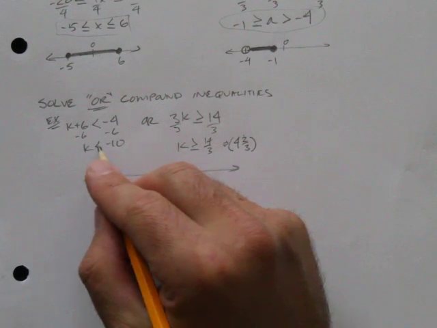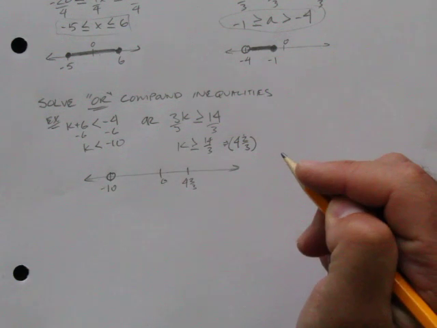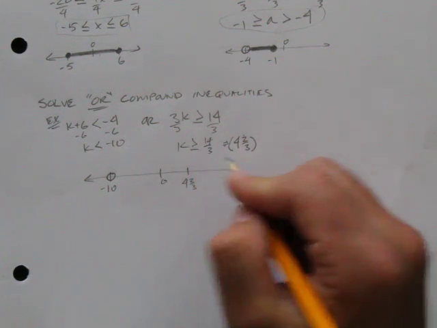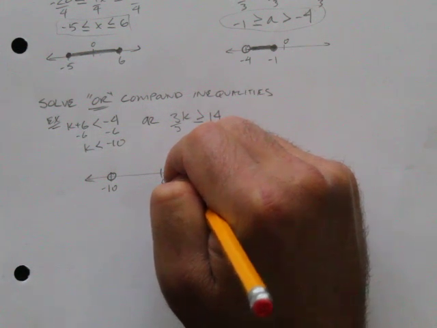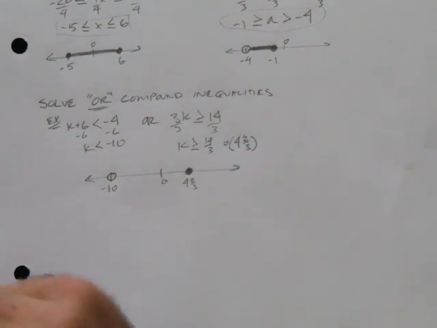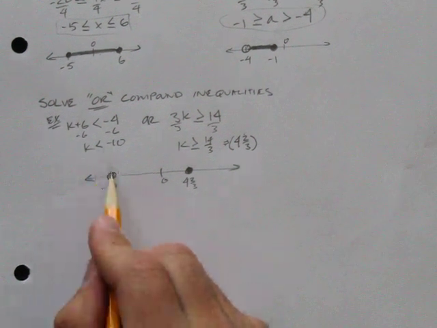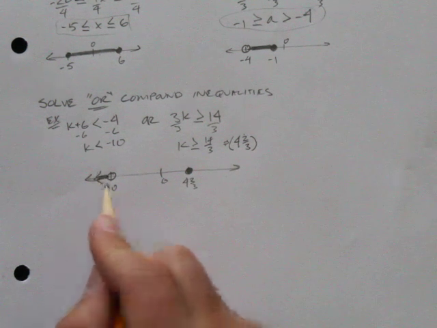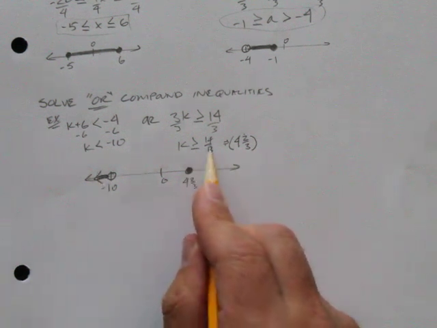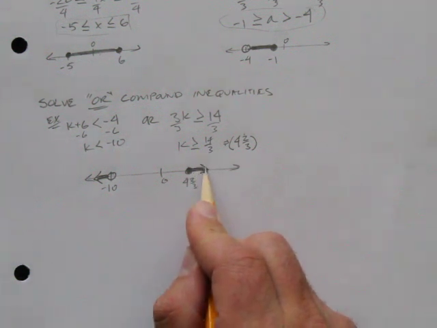And negative 10 is not included, so that's an open circle. 14 thirds or 4 2/3 is included, so that's a closed circle or solid circle. Now I need to decide which way does my arrow go here. K is less than negative 10, so my arrow goes that way. K is greater than or equal to 4 2/3, so my arrow goes that way.